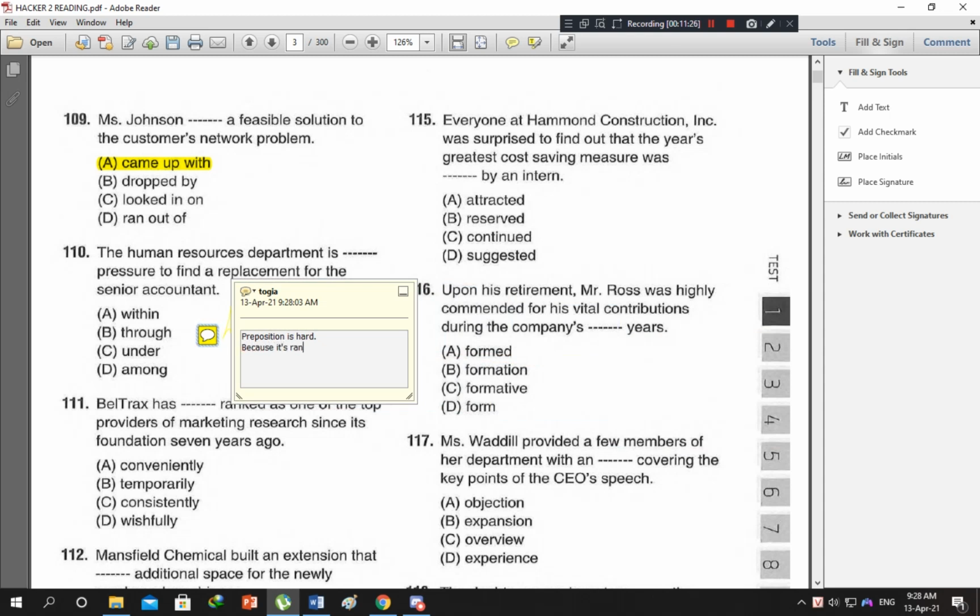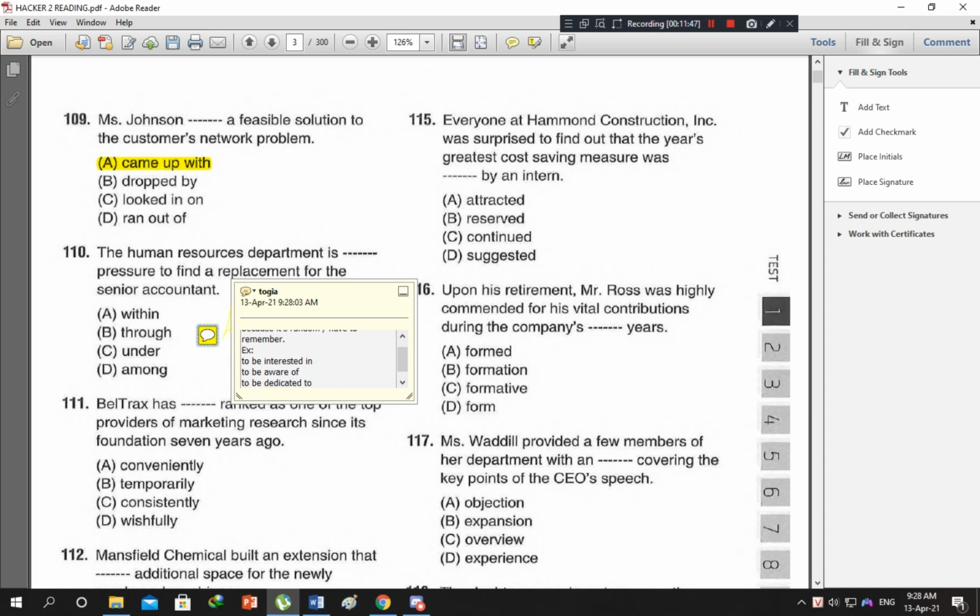Because it's random and you have to remember them. For example, to be interested in, to be aware of, to be dedicated to.